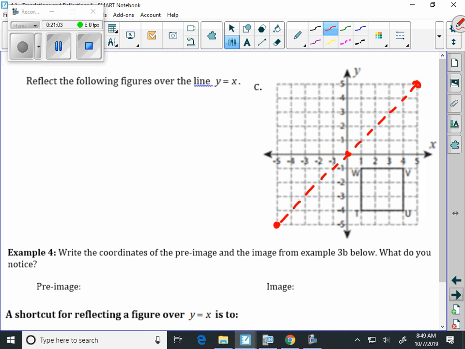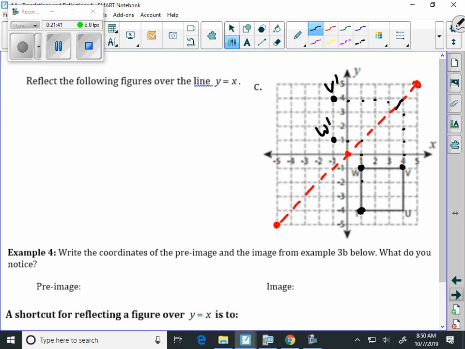I'll start with W. It's 1, 2 spaces to the red line, so 1, 2 spaces to our new W. If we do V, it's 1, 2, 3, 4, 5 spaces to the red line, so we go 1, 2, 3, 4, 5. Here's our new V.